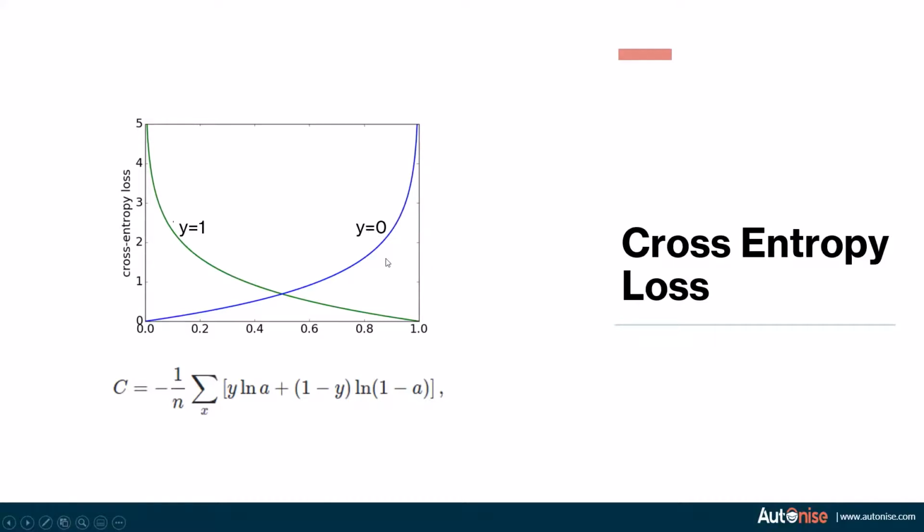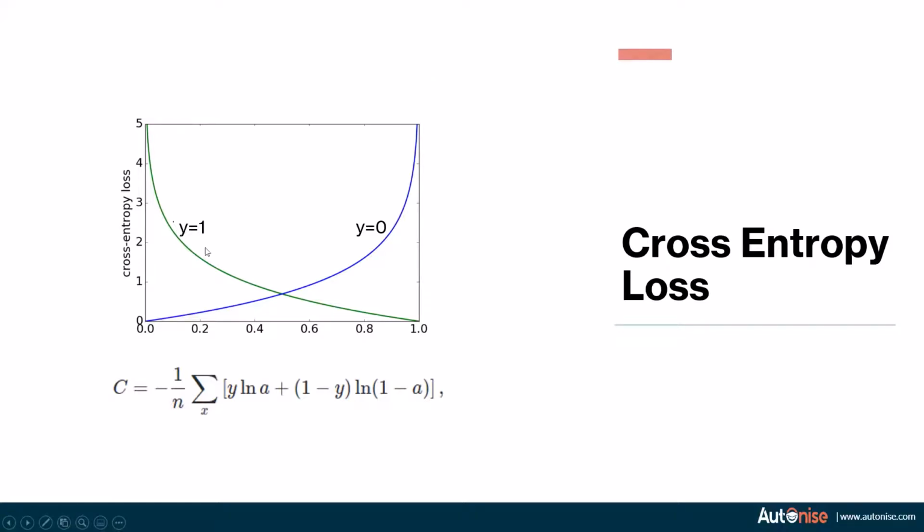And if the model outputs 0, then the value of the loss function is also 0. So this means that when the output is 0 and the target we are expecting is also 0, the loss has a value of 0. And if the target is 0 and the output is 1, then the loss has a very large value.